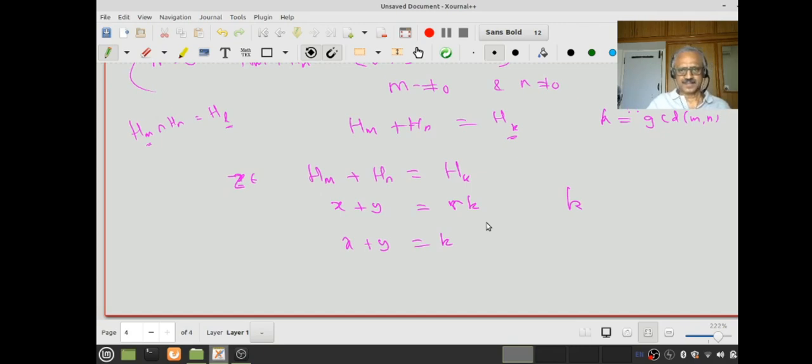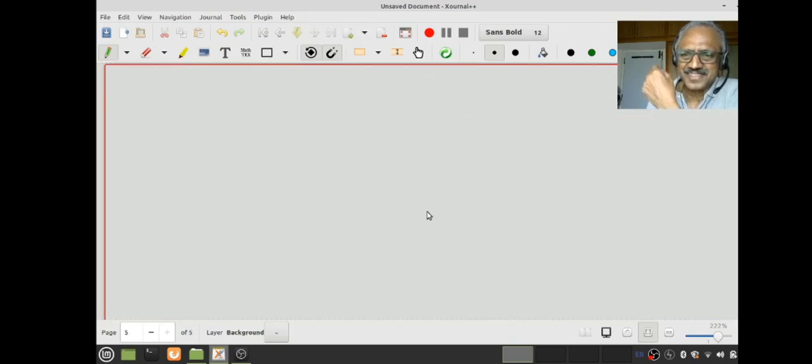Then how do you conclude common divisor? We made a guess. So can you say this K must be a common divisor of this? Come on. See, it takes time, right? If the teacher does it, it looks easy.